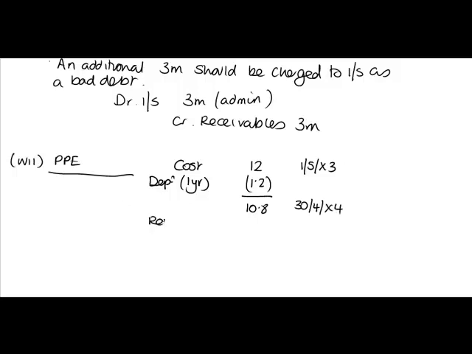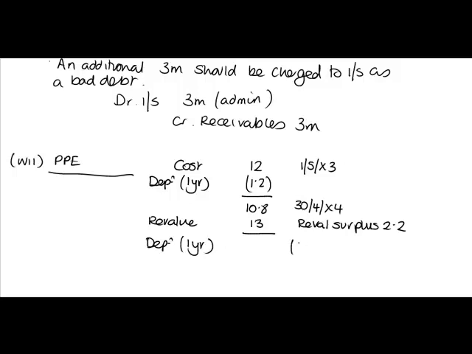And at that date, we revalue to 13 million. So therefore we have a revaluation surplus of 2.2. We would then charge depreciation, again 1 year's depreciation.